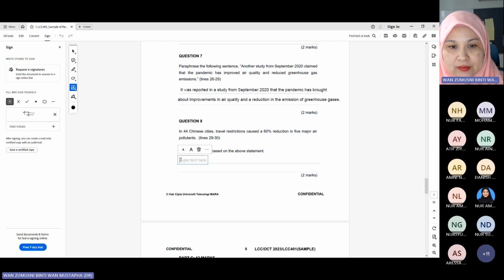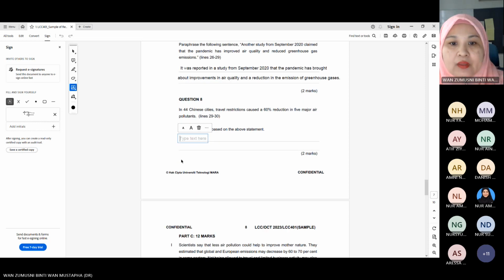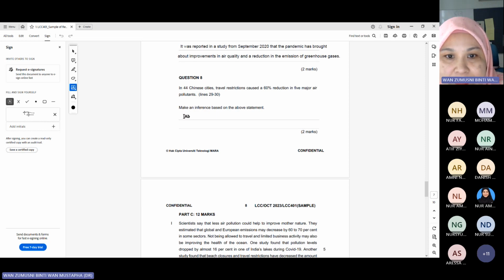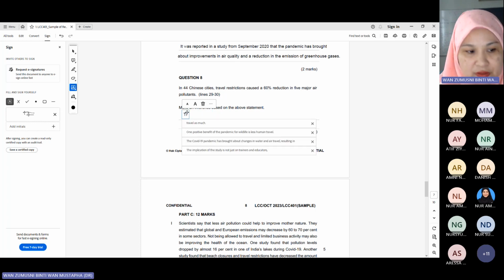Now let's look at question 8. Good. In this question, you guess. What can you infer from the above statement? Okay. Travel restrictions cause 60% reduction in 5 major air pollutants. So travel restriction has something to do with transport, right?